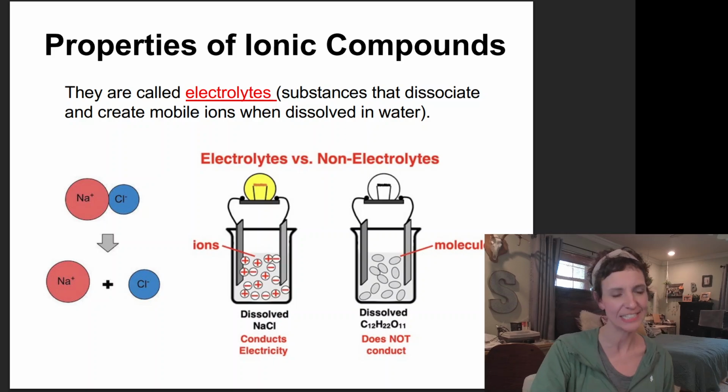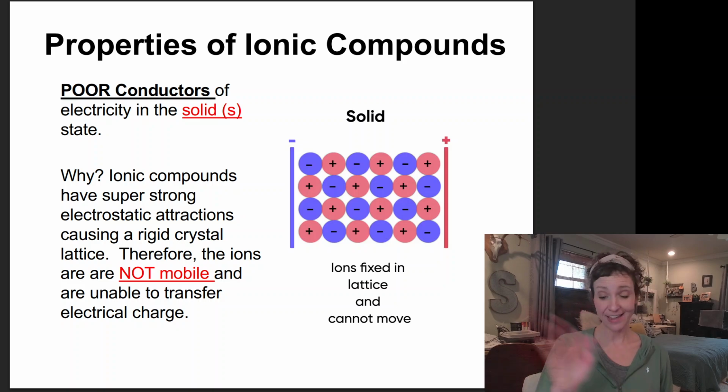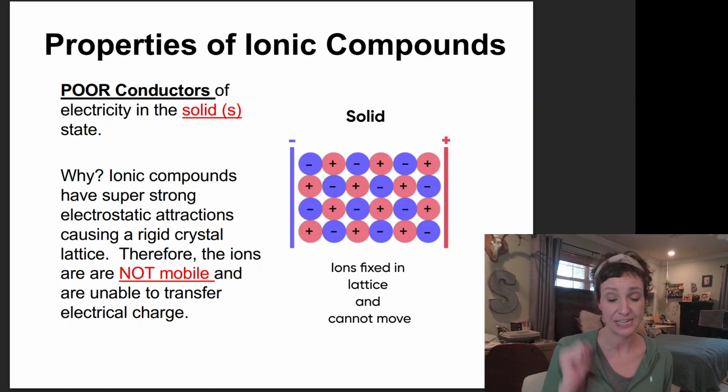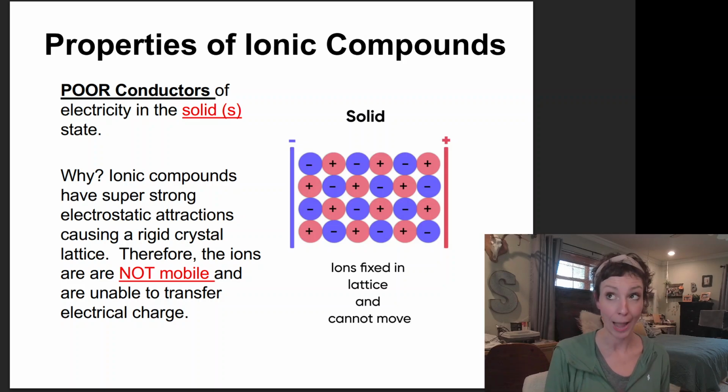So if that's required to conduct electricity, what state of matter would not do a good job of being mobile and conducting electricity? Solids. So ionic compounds, they great at moving and conducting electricity when they are liquid and they are aqueous. They are awful at conducting electricity when they are solid. Why?